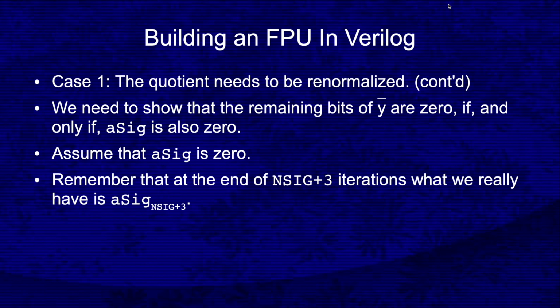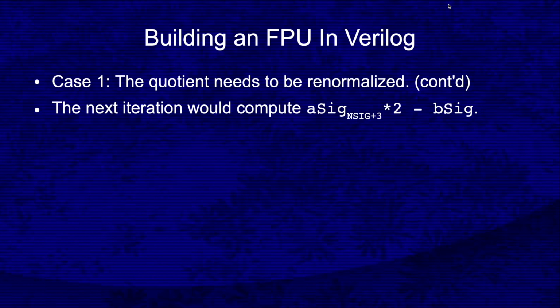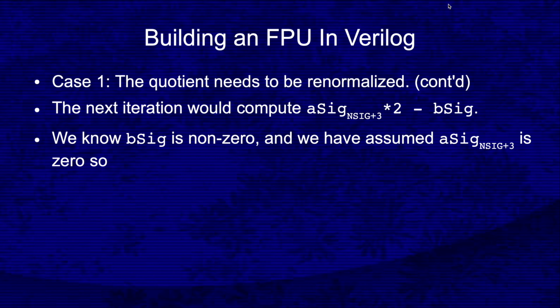Remember that after NSIG plus 3 iterations that the value of ASIG is really ASIG sub NSIG plus 3. In the next iteration, we need to compute ASIG sub NSIG plus 3 times 2 minus BSIG. We know that BSIG is non-zero, and we have assumed ASIG sub NSIG plus 3 is 0.